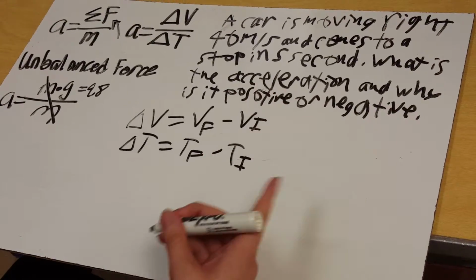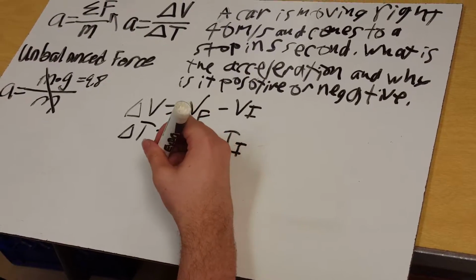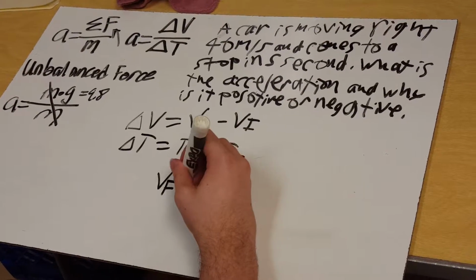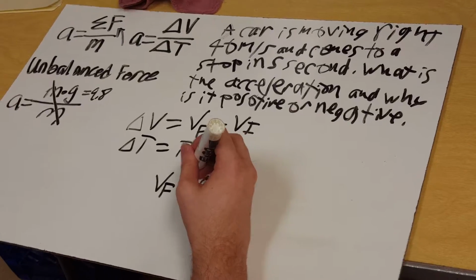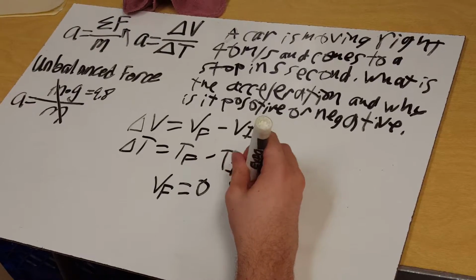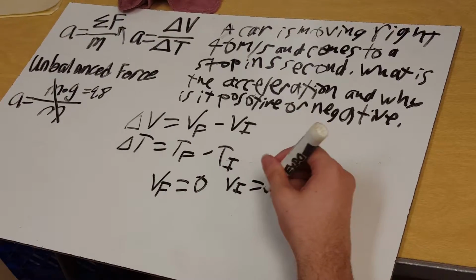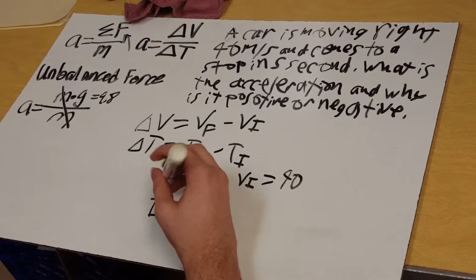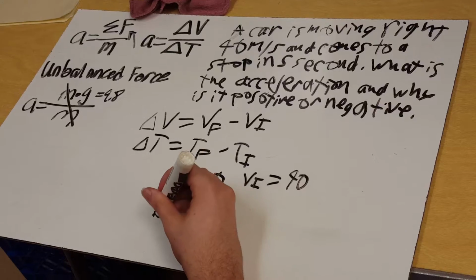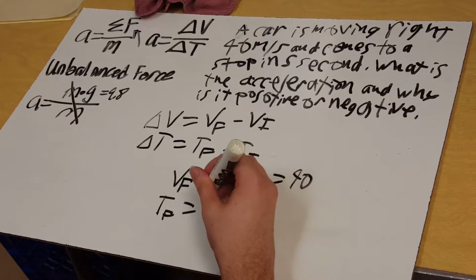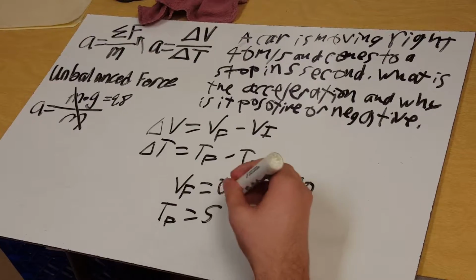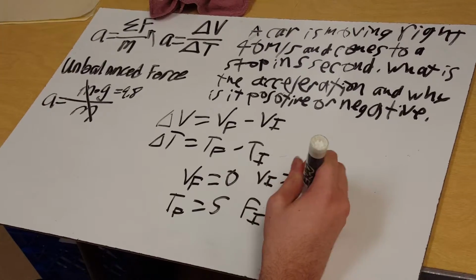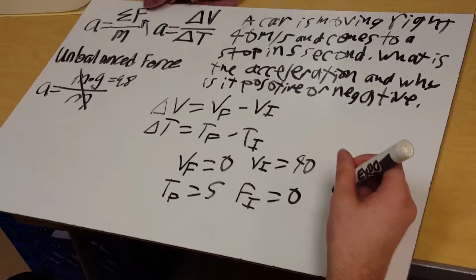Taking this knowledge, we know that velocity final equals 0 before it comes to a stop. Velocity initial would equal 40, as shown in the problem. Time final would equal 5, that's how much time it takes, and we start time initial at 0, because that's what you usually start at.